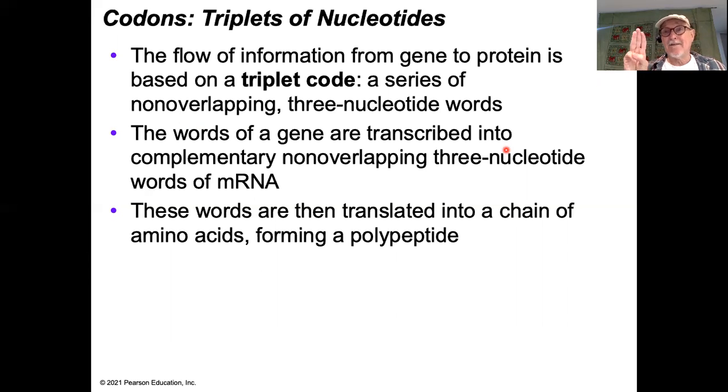Each triplet in DNA corresponds to a codon in messenger RNA. So the triplet is base paired with RNA bases to form a codon, also composed of 3 bases. And each codon codes for something.